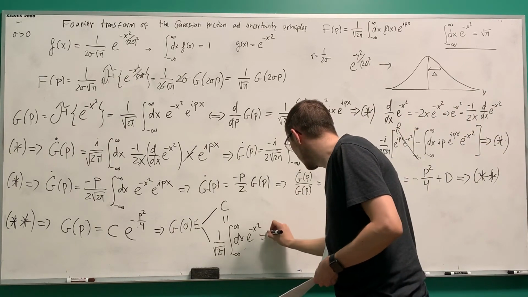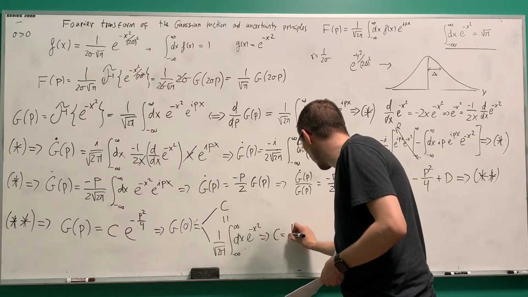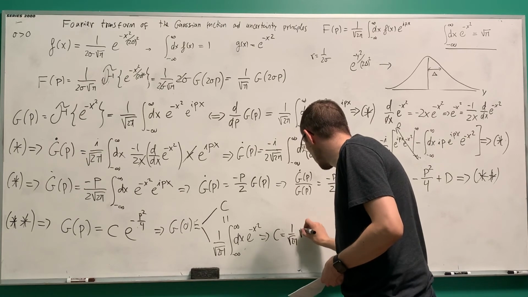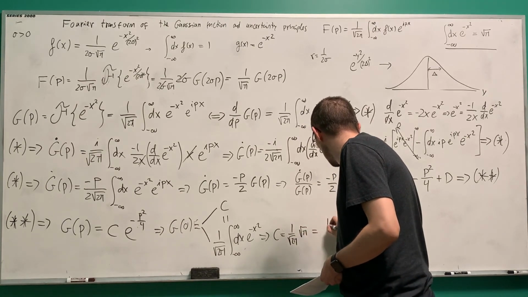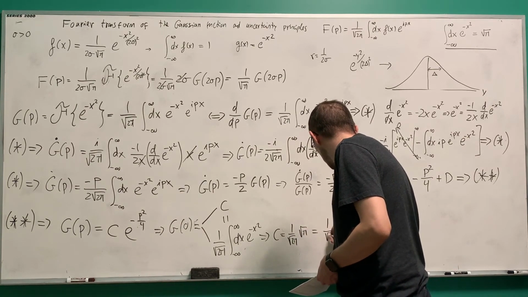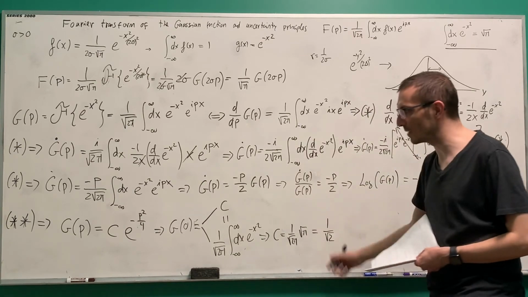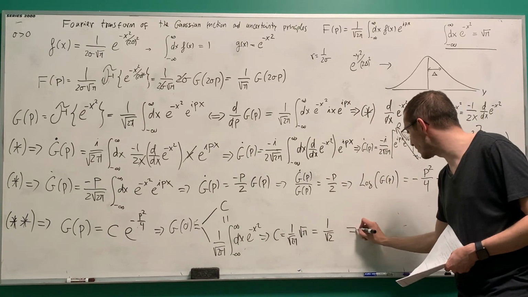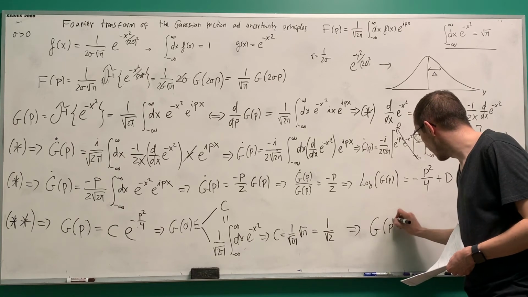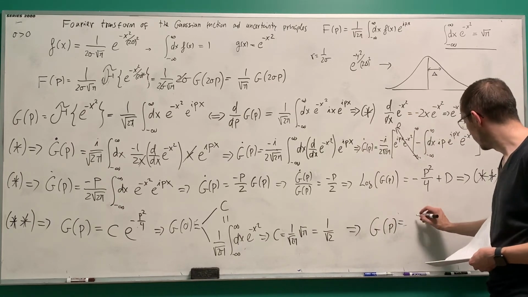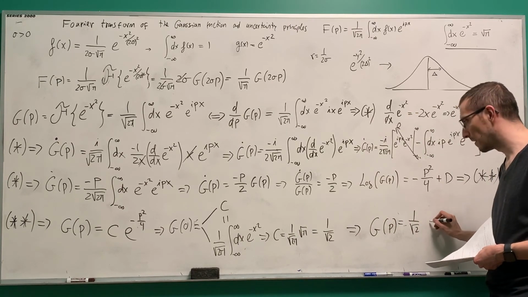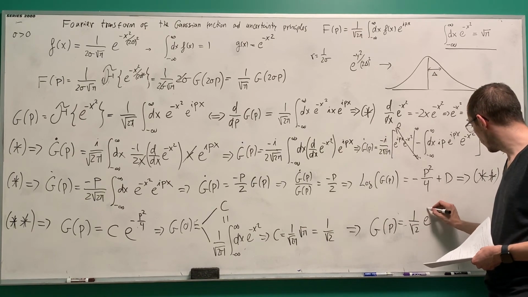So c is equal to 1 over root 2 pi times root pi, which is equal to 1 over root 2. That is what c is. Finally, we found g of p. g of p is equal to 1 over root 2 e to the minus 1 over 4 p squared.